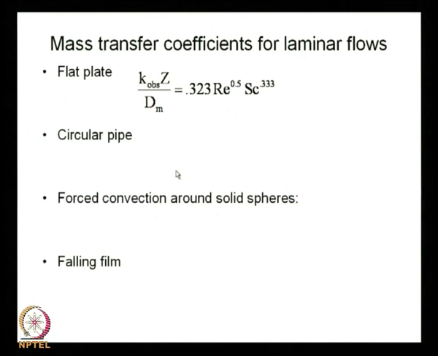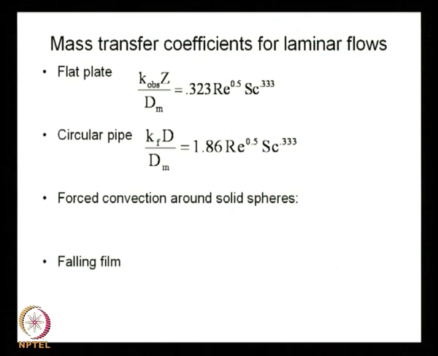And then for a circular pipe, the Kf, which is the mass transfer coefficient, is given by Kf d over Dm, d being the diameter of the pipe, over Dm the molecular diffusivity. That again goes as Reynolds to the half and Schmidt to the 1/3, but the coefficient is different.